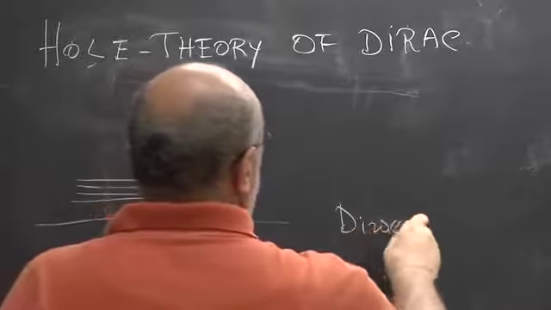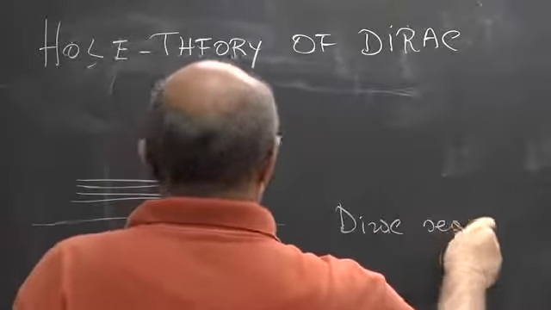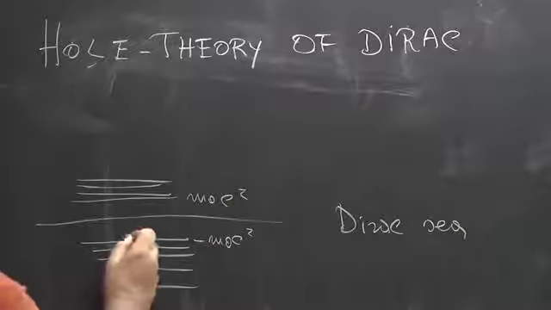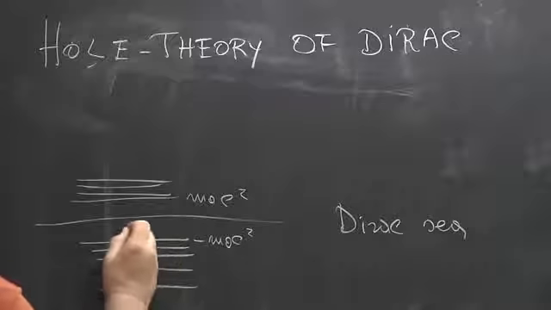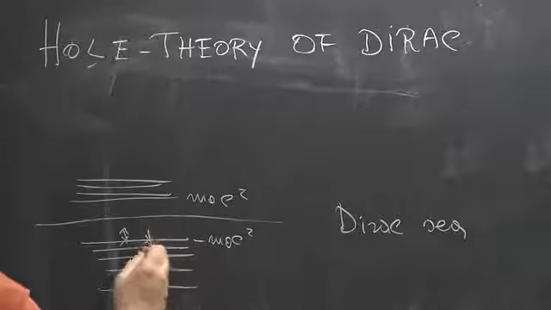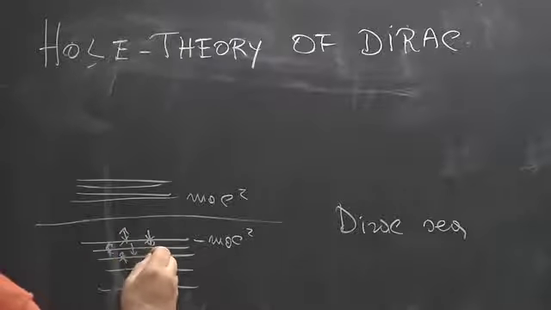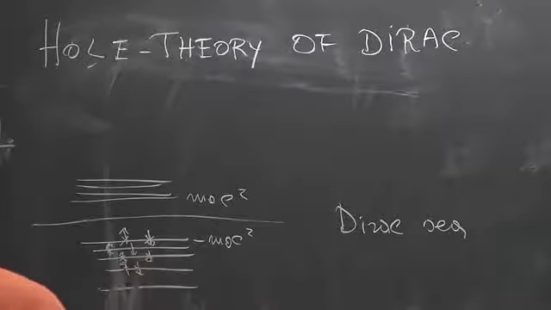What is the concept of the Dirac sea? Well, he said, let's suppose that all these levels are populated by electrons, one with spin up and one with spin down, one with spin up, one with spin down, and so on, okay? That all this is populated.